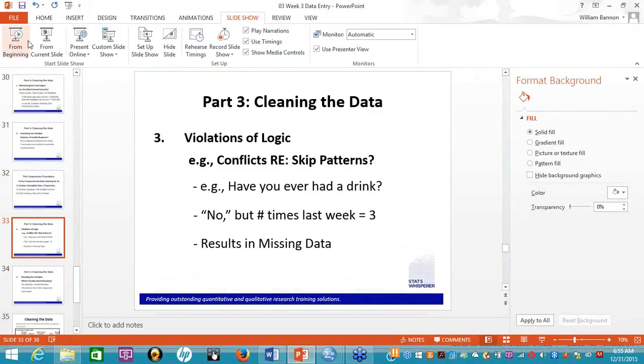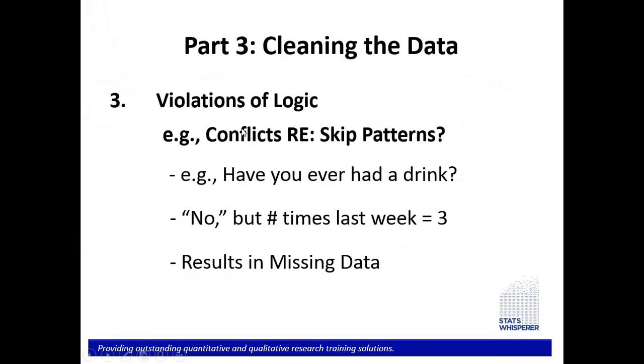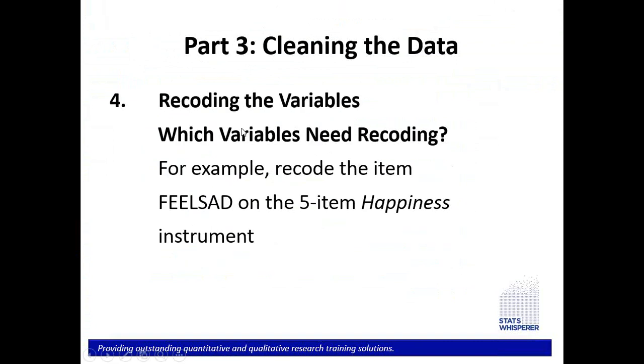Okay, so we can go back now, right, and talk about number 4, recoding the variables in SPSS. And this is a data cleaning / data preparation activity, right? So how do we know which items need to be recoded, right?